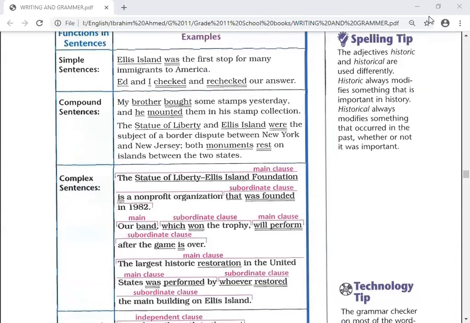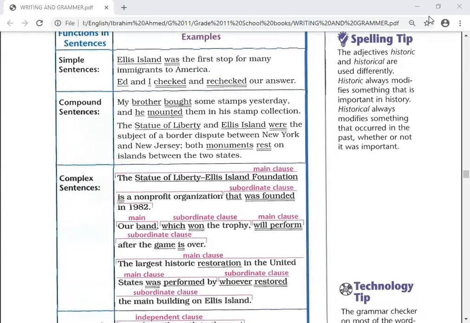Examples for compound sentences. We have: my brother bought some stamps yesterday, and he mounted them in his stamp collection. Again, my brother bought some stamps yesterday. This is an independent clause. We have a complete meaning, a subject, brother, a verb, bought, and it can stand by itself.